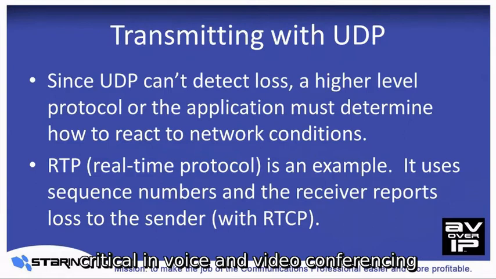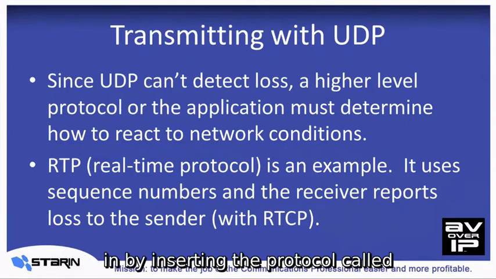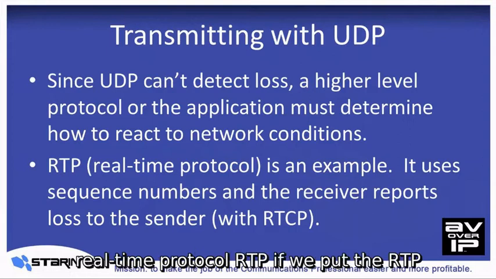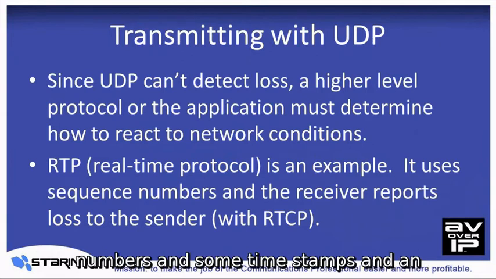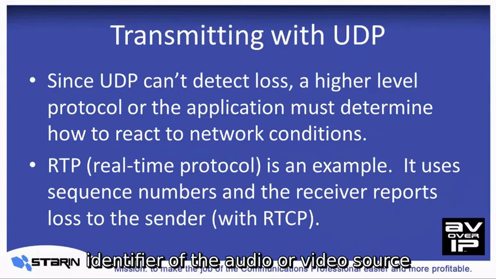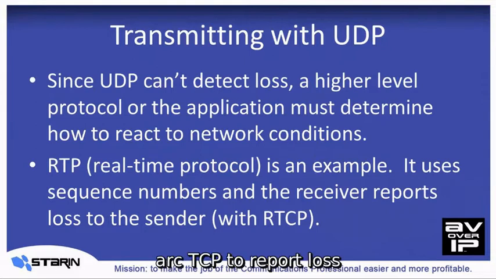In voice and video conferencing, some of the TCP features are added back in by inserting the protocol called real-time protocol, RTP. If we put the RTP header in with UDP, RTP will add sequence numbers and some timestamps and an identifier of the audio or video source, and it will also allow for a protocol called RTCP to report loss.